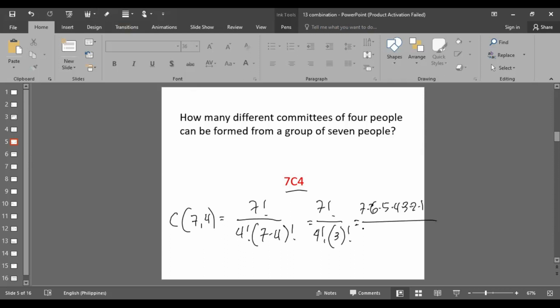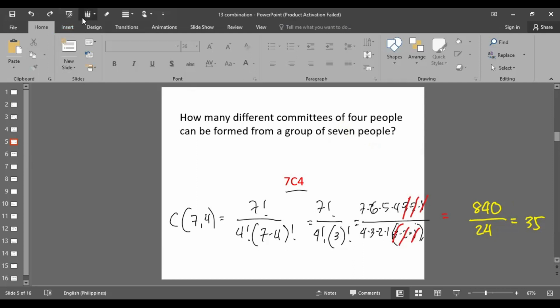Over in the denominator, we have 4 times 3 times 2 times 1. Then we have 3 factorial here, 3 times 2 times 1. And then cancel this and this. In the numerator, we have 840. And in the denominator, we have 24. Then get the quotient. It's 35. There are 35 ways that 4 people can be formed from a group of 7 people.